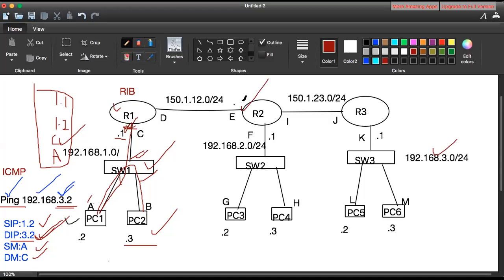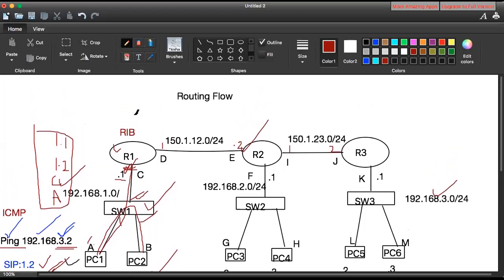I haven't noted it, maybe .1, 23.1 and 23.2, or maybe 3. So when R1 finds the entry in its routing table, it is going to generate a packet again, or the same packet would be sent there.